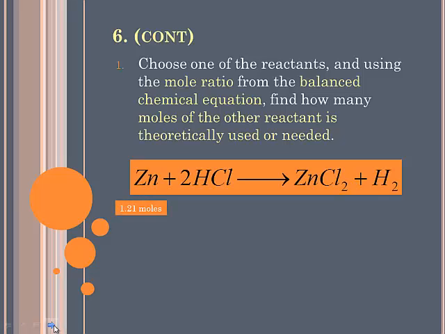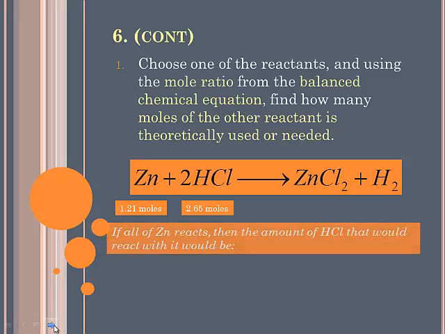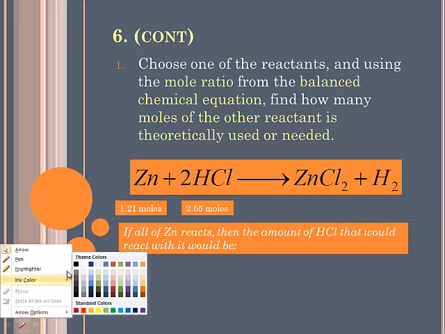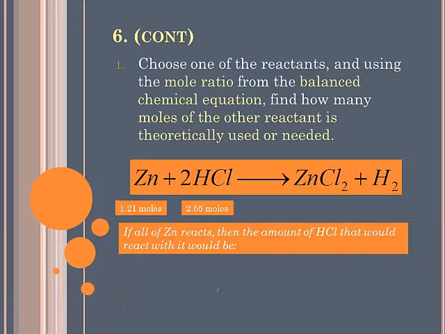So I have 1.21 moles of zinc, and I'm going to calculate how much hydrochloric acid it would require, even though I know that I have 2.65 moles. So if all the zinc is reacted, and I started with 1.21 moles of zinc, I'm going to use that one to calculate the other. So I'm going to pretend like I don't know that number for right now.